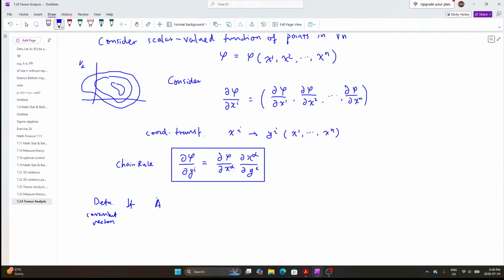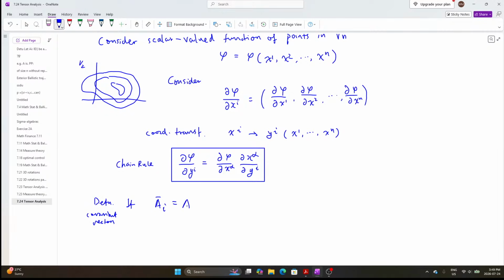You see why this is lower? Because here you have a lower index. So now the lower index and upper index actually take on meaning here. Lower index are components of covariant vectors, whereas upper index are components of contravariant vectors.